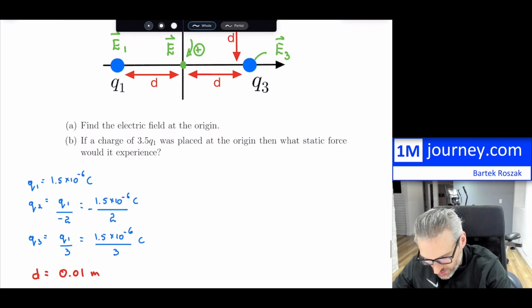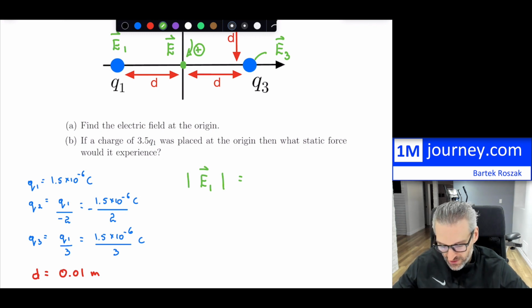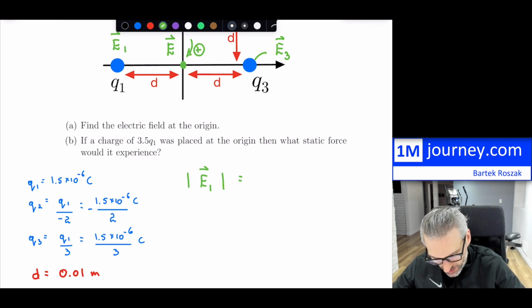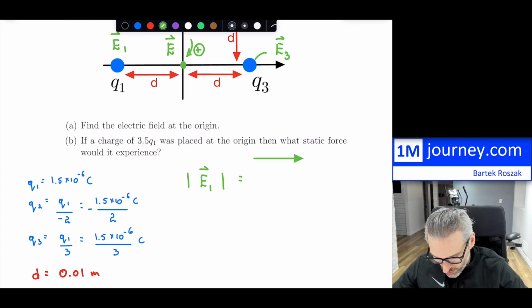The first one, the electric field E1, we're just finding the magnitude for the moment. Q1 is positive, so the direction is going to be in this direction. That's the direction of E1.